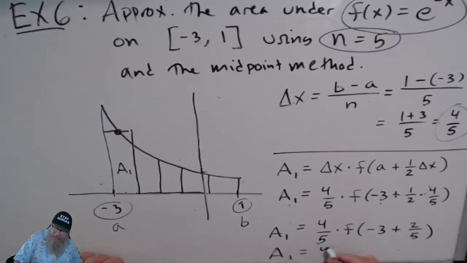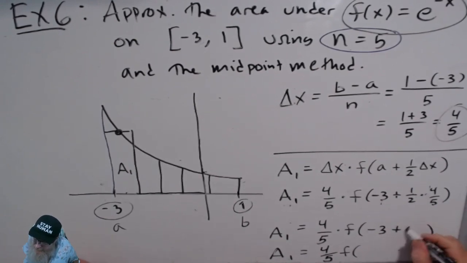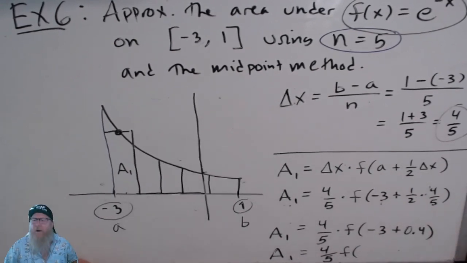I guess I could write it as a mixed number, but I'm not going to. Here, let's do it as a decimal. 2/5 is 0.4.